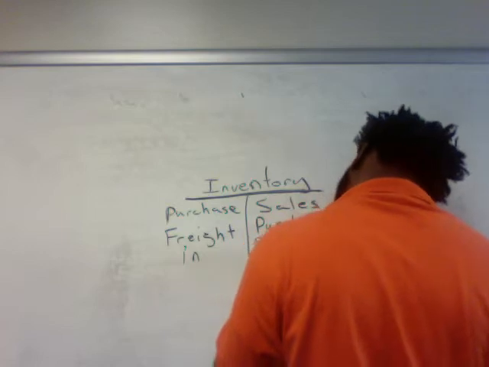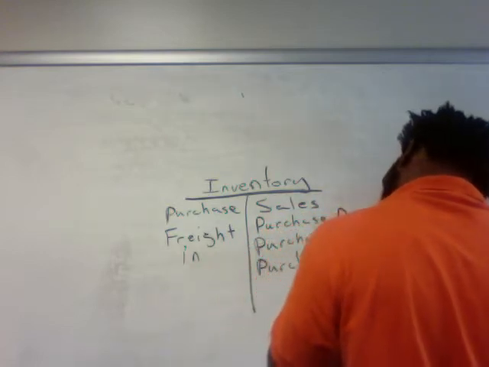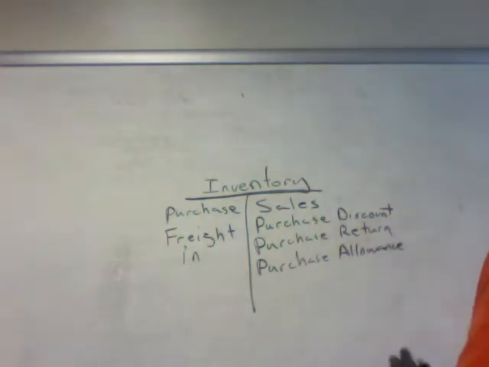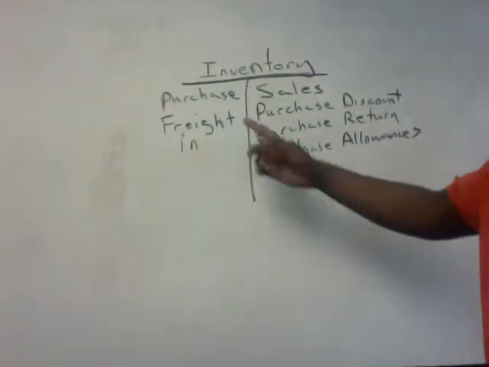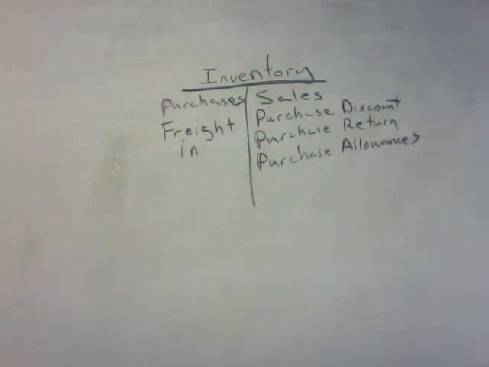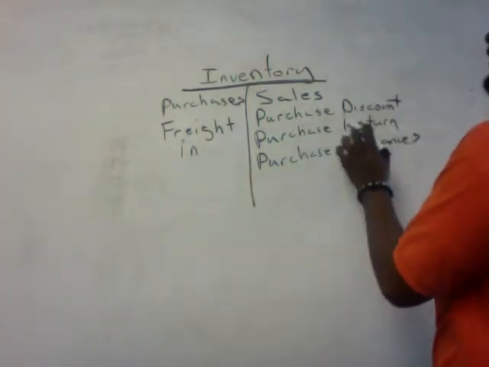Purchase allowances, we also saw, decrease inventory. So we have purchases increase inventory, freight in increase inventory, sales decrease inventory, purchase discounts, purchase returns, and purchase allowances.